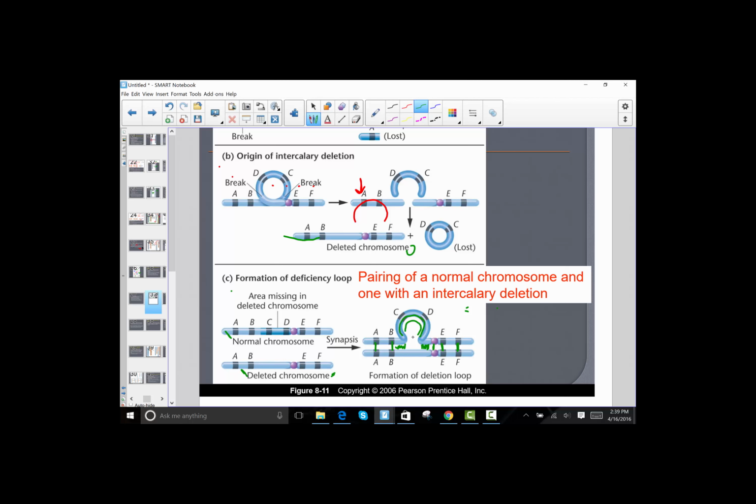So it's a loop in your normal chromosome that allows it to match up with your chromosome that has a deletion. So you can actually have an individual that inherits a chromosome that has a deletion and also has a normal chromosome, and if it matches nicely, can still pass this to the next generation.